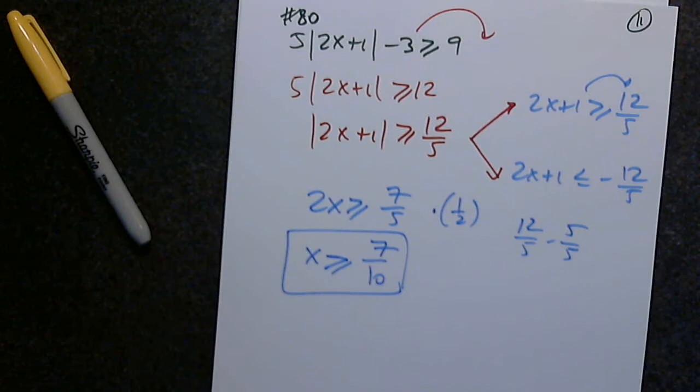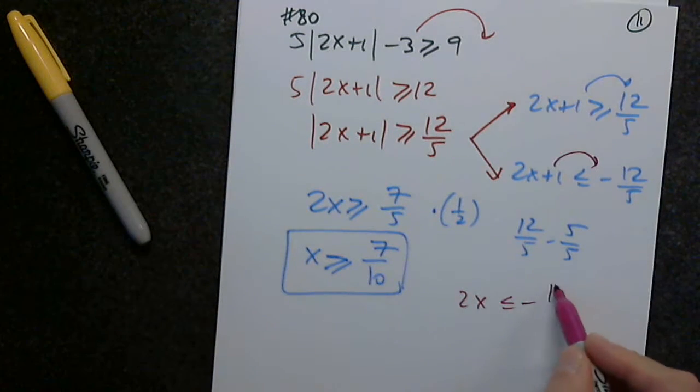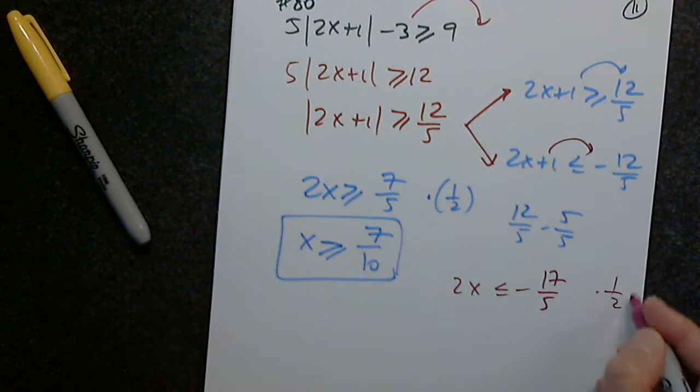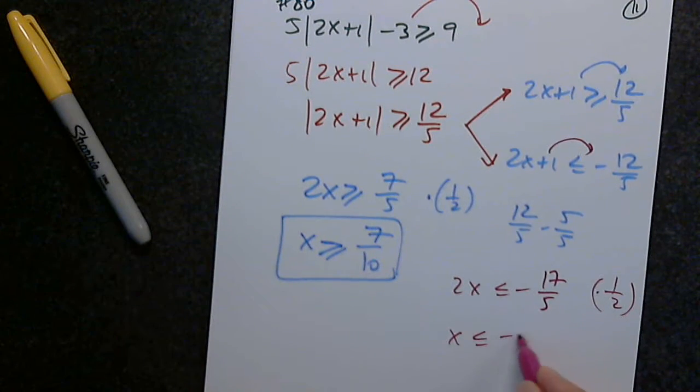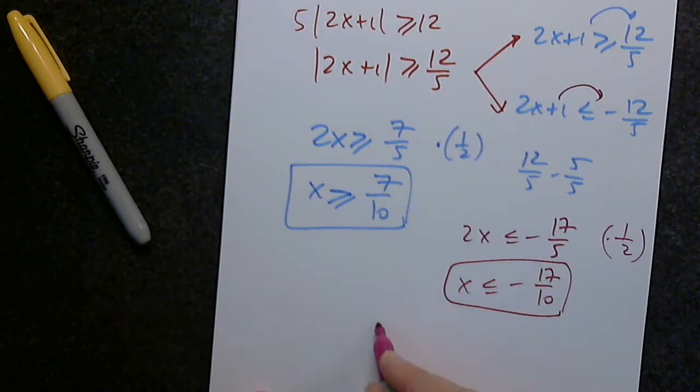We will repeat the second one the same way. 2x less than or equal to negative 17/5. And I will multiply everything by 1/2 to get x less than or equal to negative 17/10. And now I'm waiting for you to give me the union.